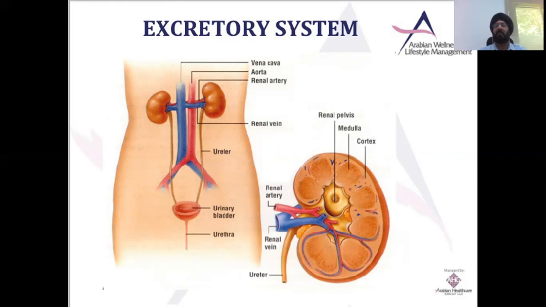Once the kidney filters the excreta, it is passed to the ureters. Through the ureter, the waste in the form of urine descends to the storage sac, the urinary bladder.